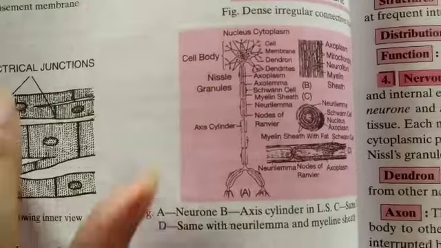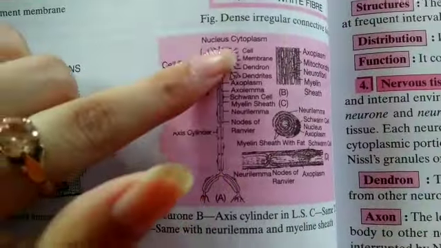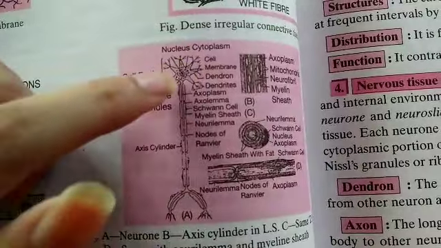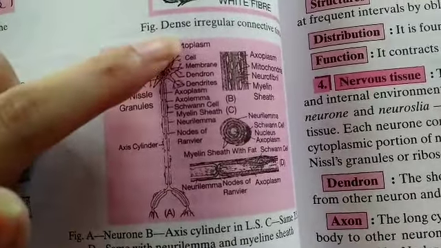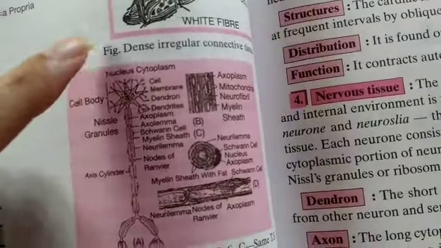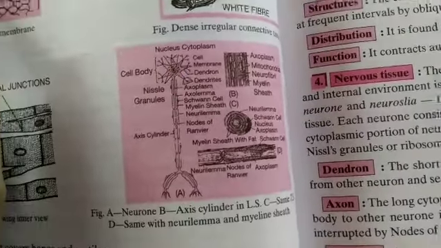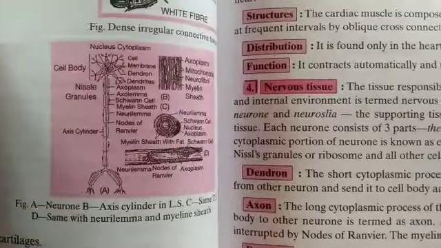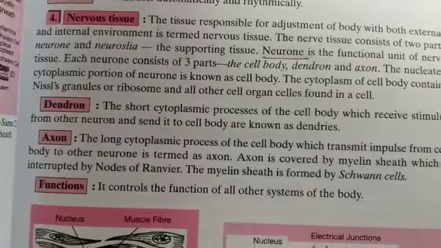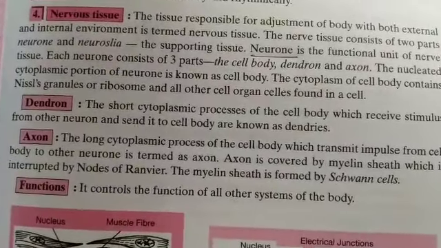This region is called cell body. And these branches are called dendrons, and this is called axon. In class 10, you will study about the neuron in detail. But just remember this: there are three parts, cell body, dendron, and axon.